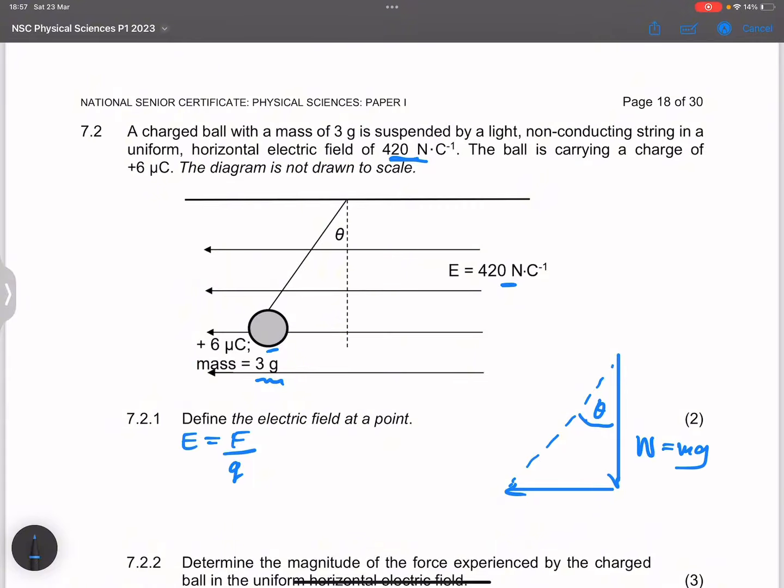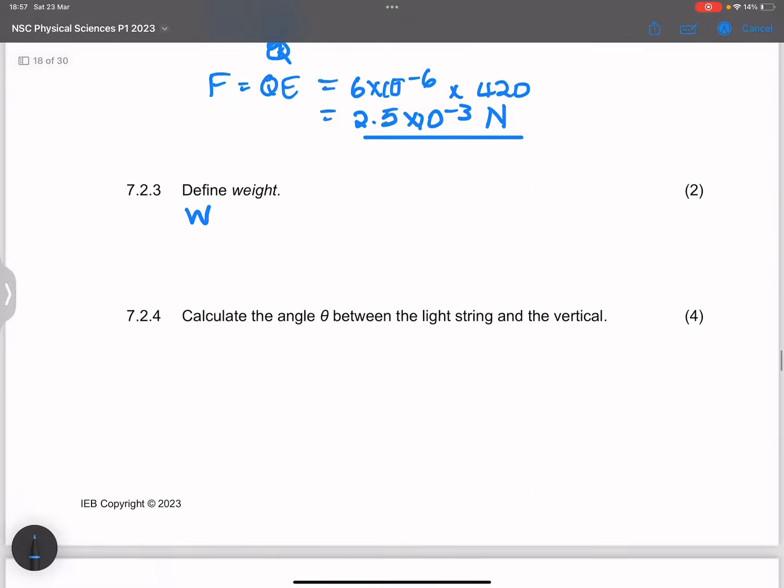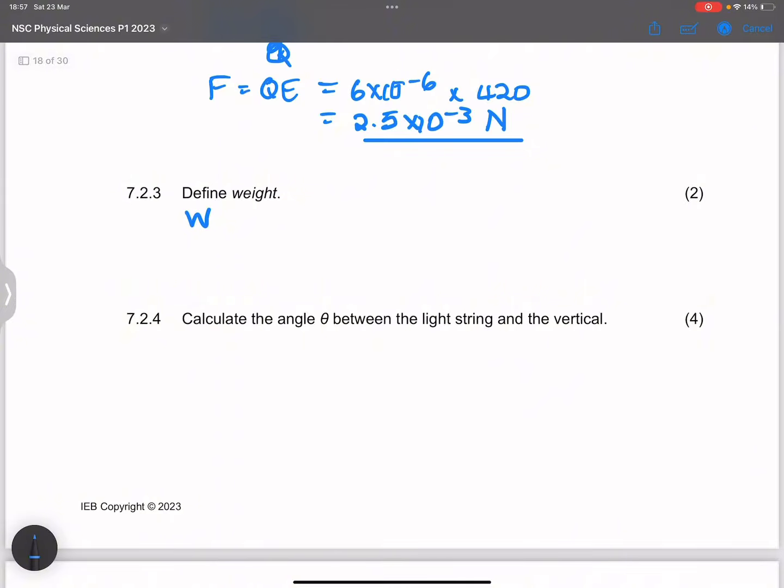Because that electrostatic force is opposite and the weight is adjacent, we can use the tan of theta. So let's find the weight first. That's m times g. That's 3 grams. Remember, in physics we use kilograms, so we divide by 1,000.